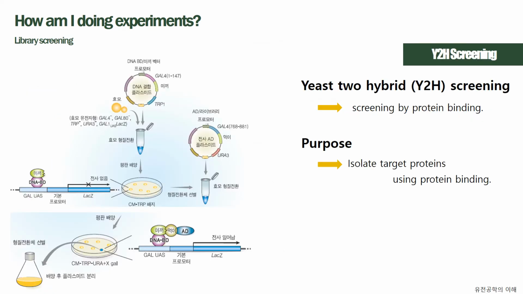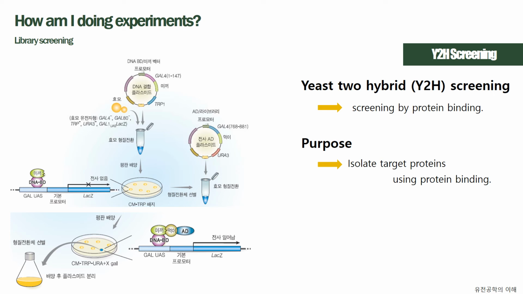In order to find the proteins that you are curious about whether they interact or not, you need to do screening. Using the yeast two-hybrid from the previous slide, you put a binding site domain plasmid into the library that has a large number of activation site domain plasmids containing specific genes, and we find the genes that they interact with.